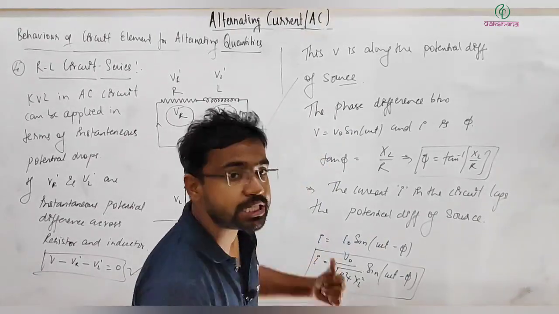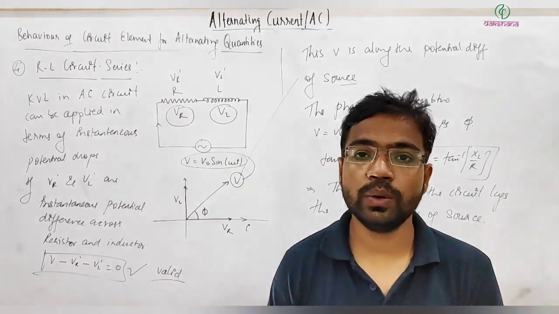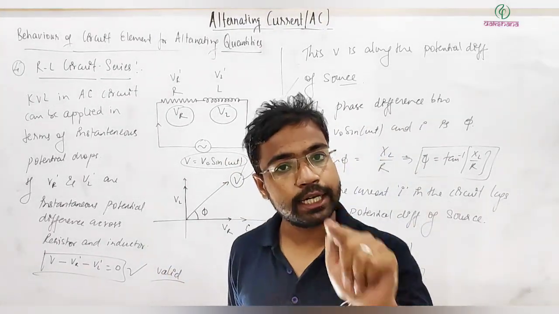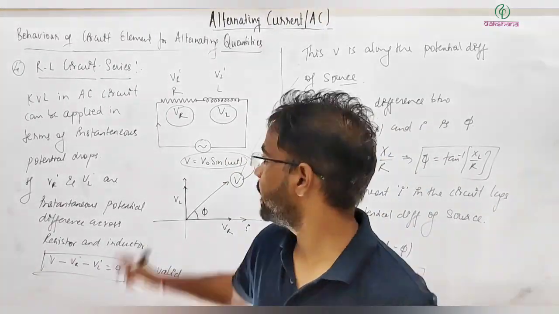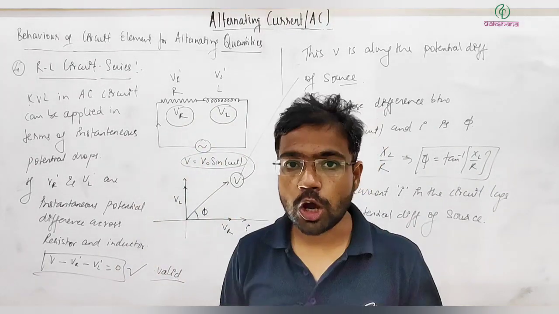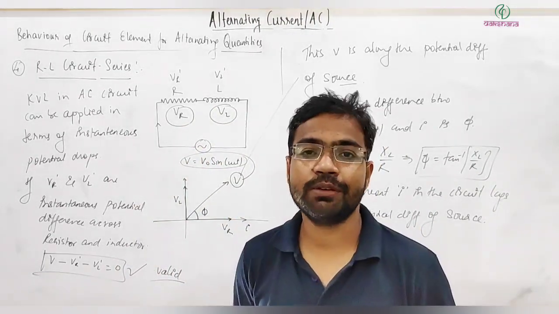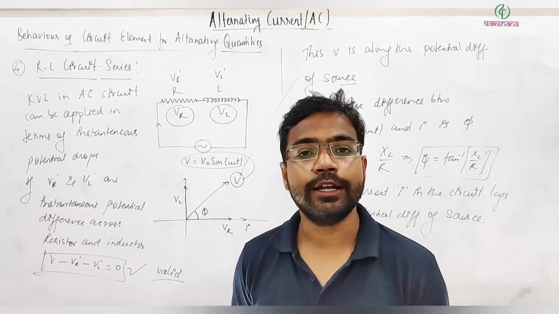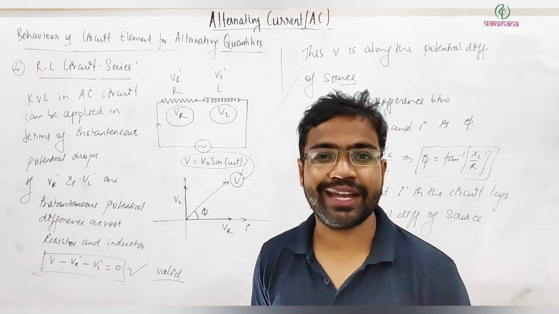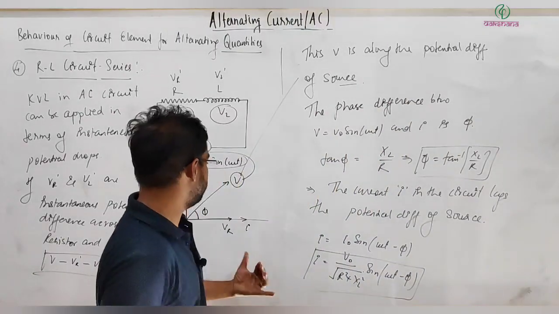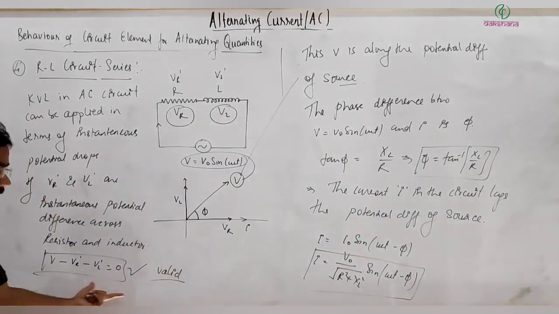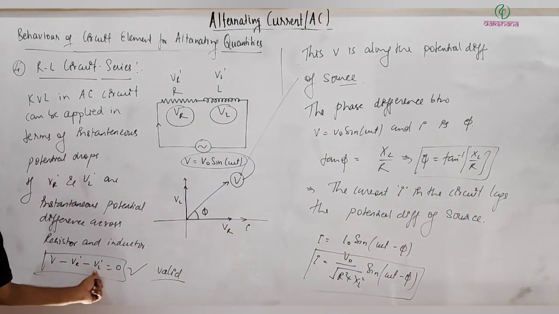But still, if you want to apply KVL, you can apply it in terms of instantaneous potential drop across each element, but not at all in terms of peak value. Don't apply it in terms of peak value. You will definitely get a 100% wrong answer if you make that mistake. So remember that point. Now I've got a valid result because these are instantaneous values.